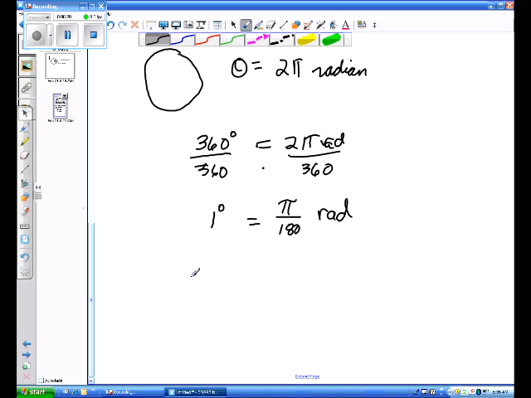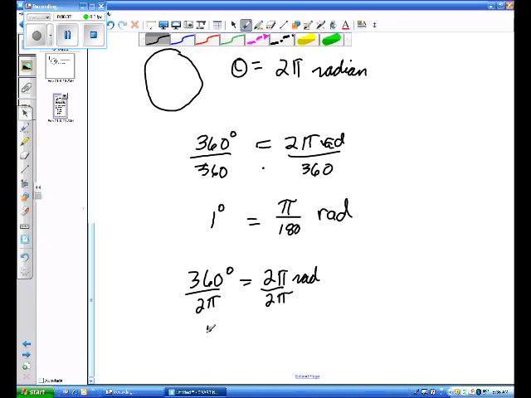If we went back the other way, 360 degrees is equal to 2 pi radians. And we wanted 1 radian, so let's divide both sides by 2 pi.